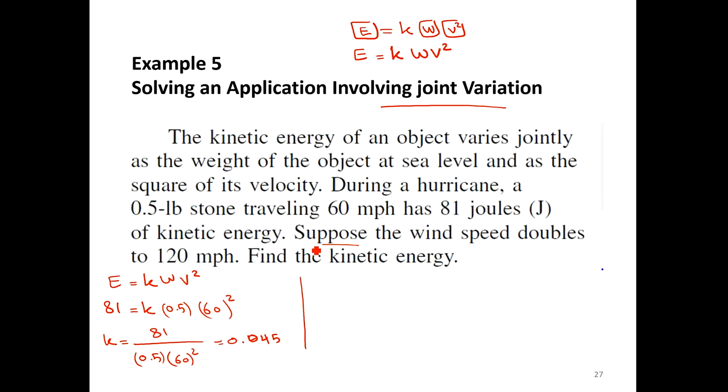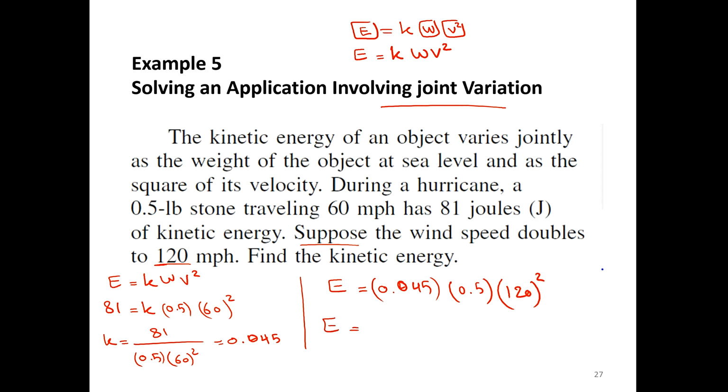Now, suppose that the wind speed doubles from 60 to 120. Find the kinetic energy. The energy equals K, 0.045, and the weight, the same weight 0.5 for the stone, but the velocity equals 120 squared.